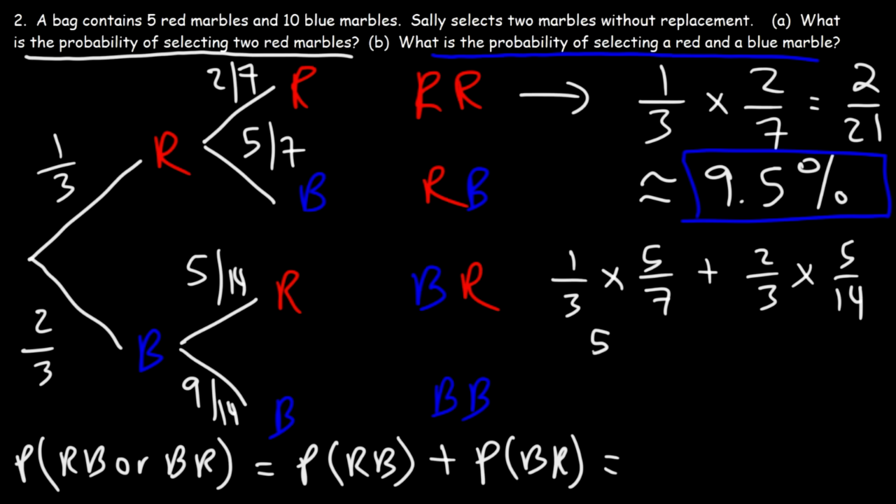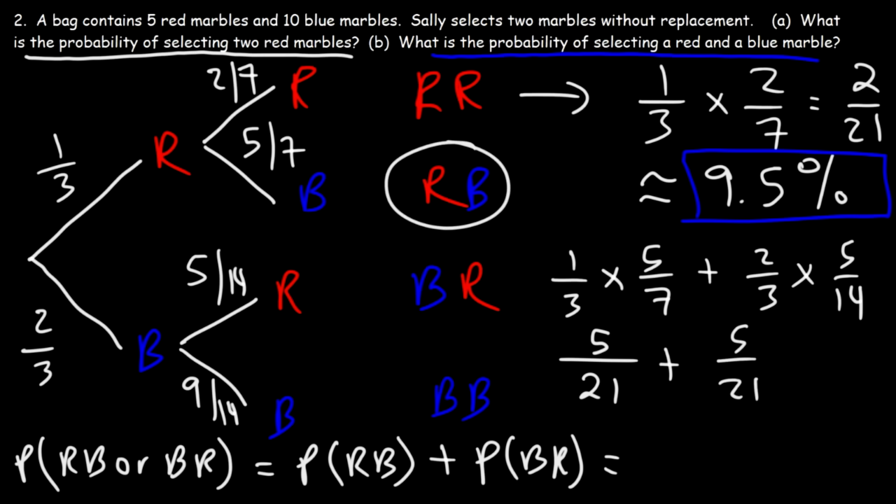So this is going to be 5/21. Just multiply across. And for the second part, 2 times 5 is 10. 3 times 14 is 42. But we can reduce that. If you divide both numbers by 2, 10 divided by 2 is 5. 42 divided by 2 is 21. So that becomes 5/21.